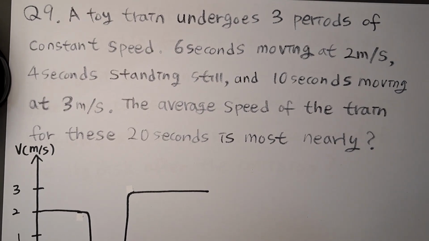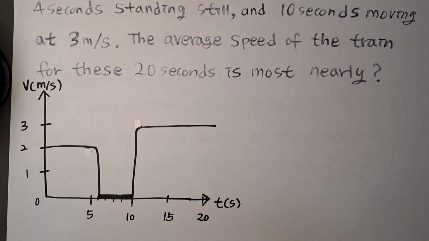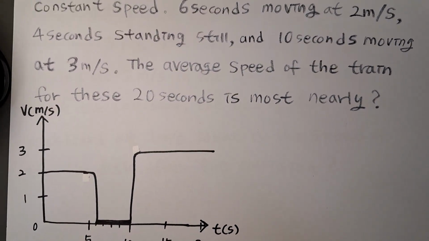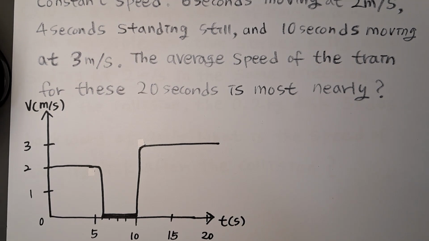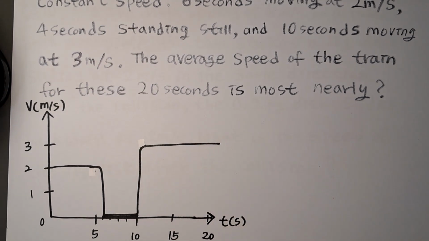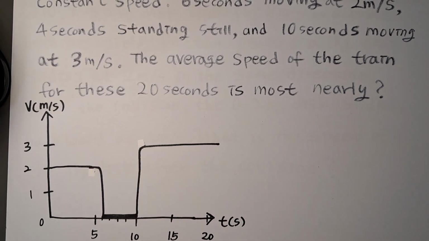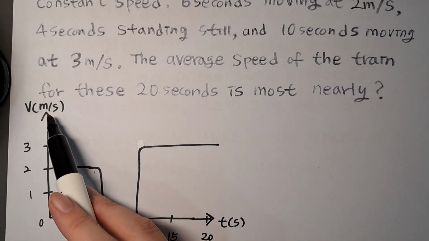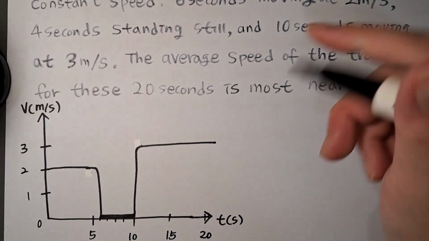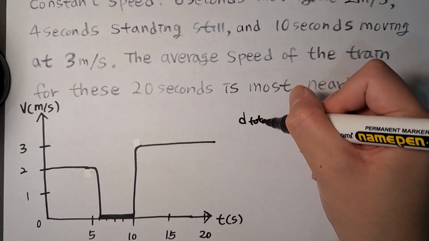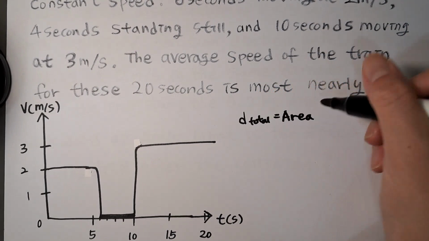A toy train undergoes 3 periods of constant speed: 6 seconds moving at 2 meters per second, 4 seconds standing still, and 10 seconds moving at 3 meters per second. The average speed of the train for this 20 seconds is most nearly? In the velocity-time graph, the area is the distance. So the total distance is going to be the area.